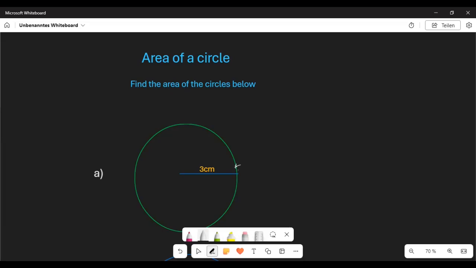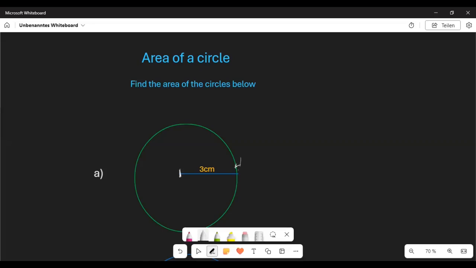However, when they ask you to find the area, we're actually getting the area, the space in here. And in that case, mostly they give you figures, like the diameter or the radius.